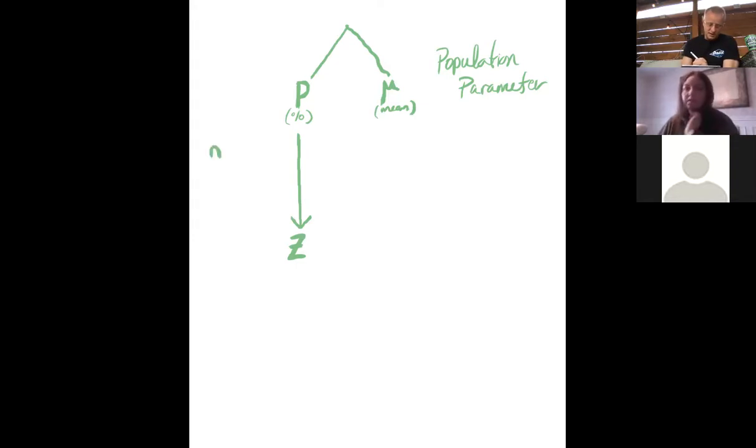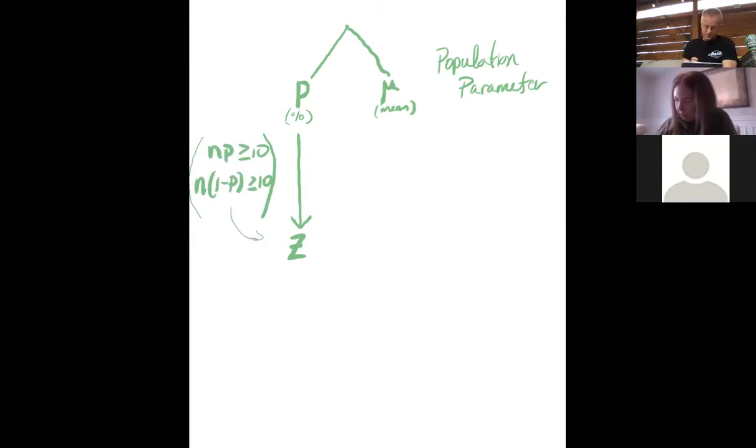Basically, n, your sample size, times p has to be greater than or equal to 10, and n times its complement, 1 minus p, also has to be greater than or equal to 10. But again, this will always be the case for our problems. As long as this is met, then we can use Z.